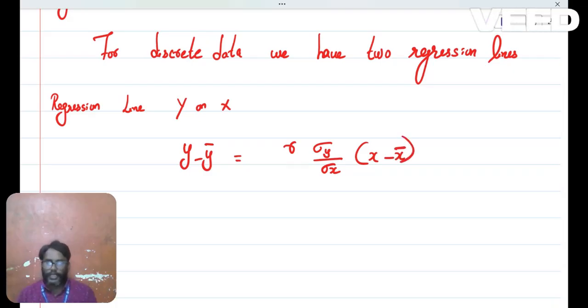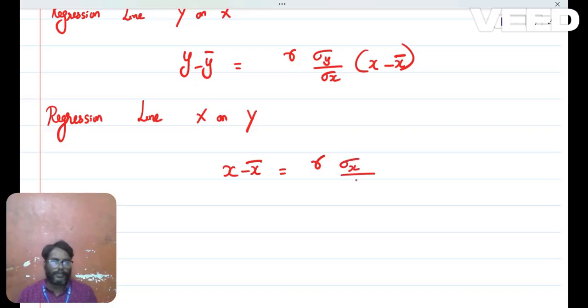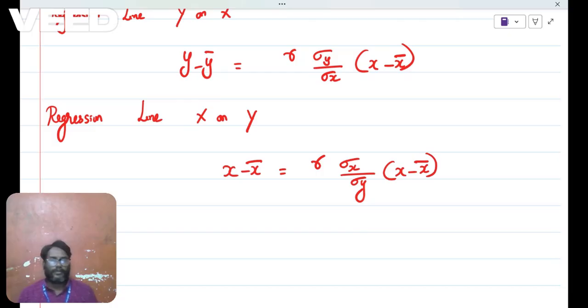Similarly, the regression line x on y is defined as x minus x bar equal to r into sigma x divided by sigma y into y minus y bar.